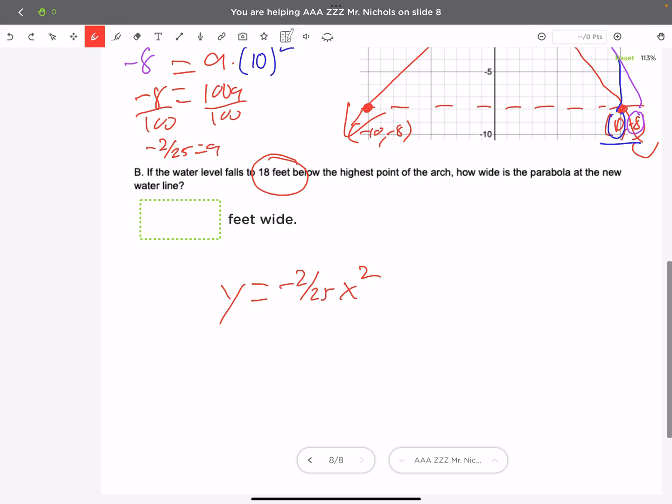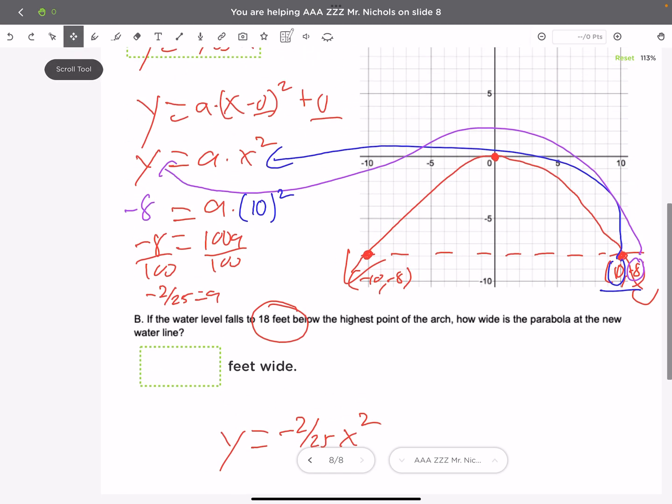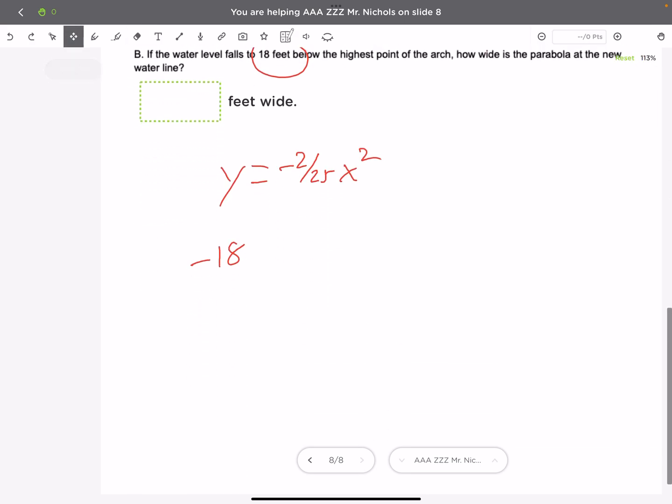That means my y is going to be -18 because it's now dropped. My water level is kind of here and it's dropped another 10 feet from 8 feet below to 18 feet below. All right. And so I would just plug in -18 in my y, because that's going to be the new place where my water level is, equal to -2/25 x squared.